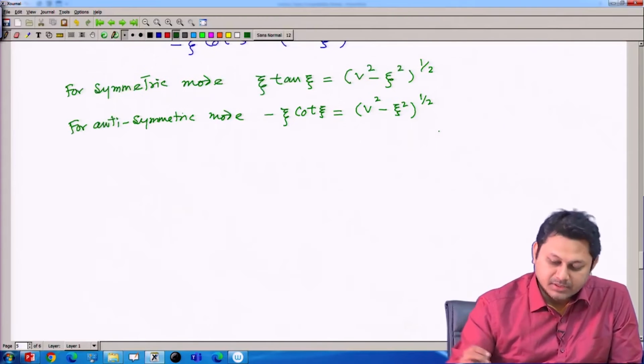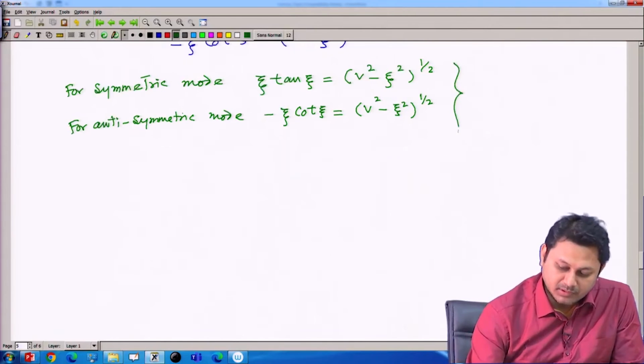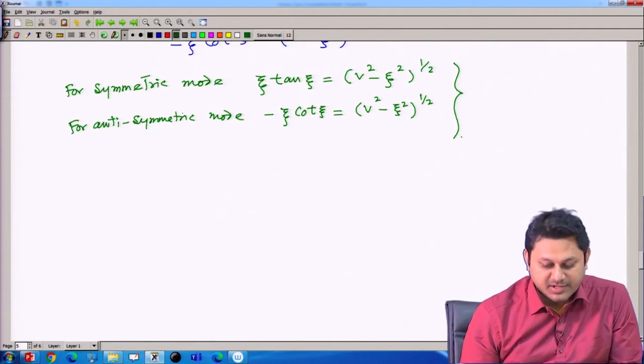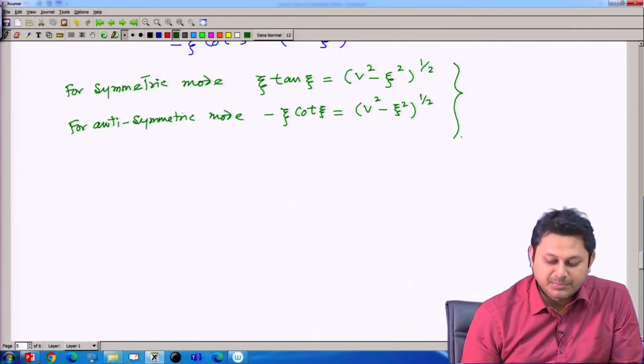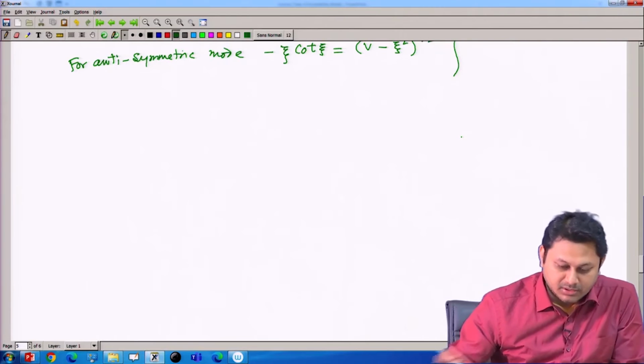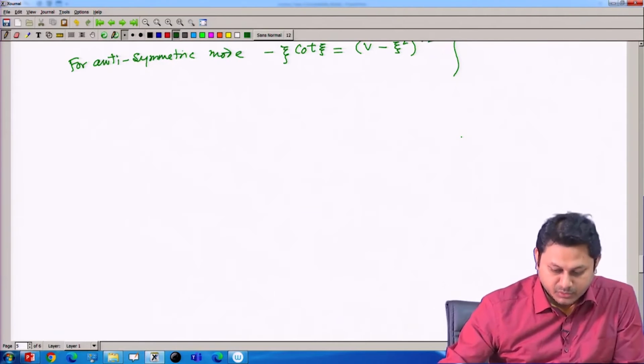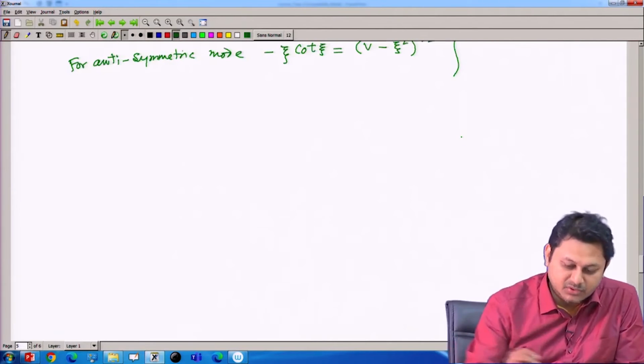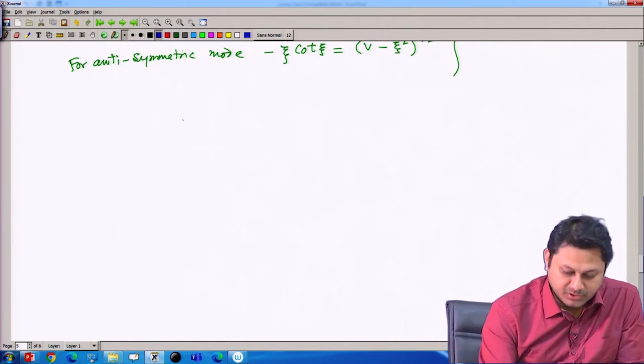Well, these two transcendental equations are simultaneously present in a waveguide when it is supporting both symmetric and antisymmetric modes. So, when the waveguide is supporting both, I need to plot both transcendental equations together. Let me do that.